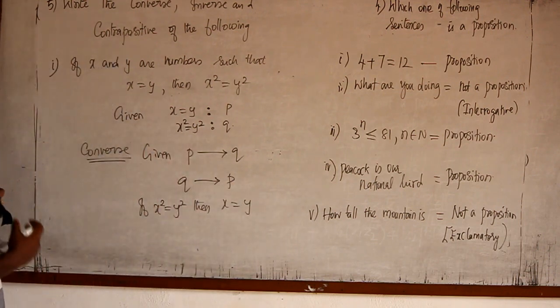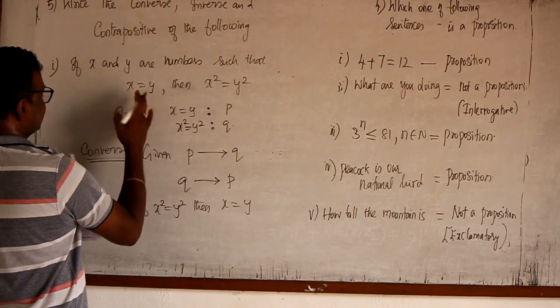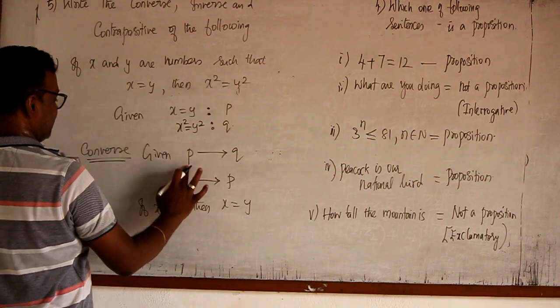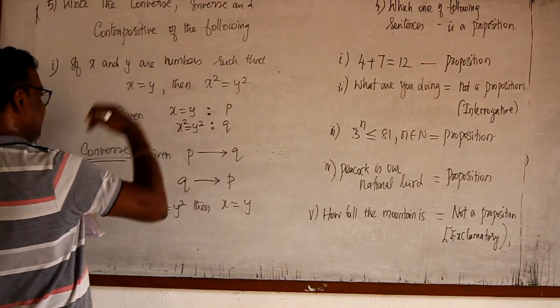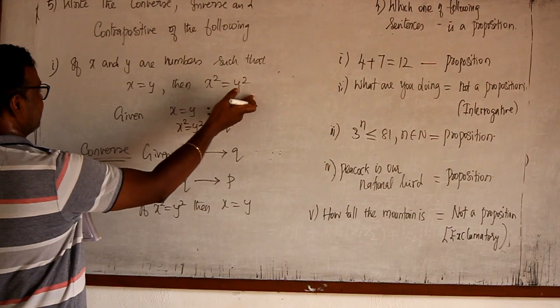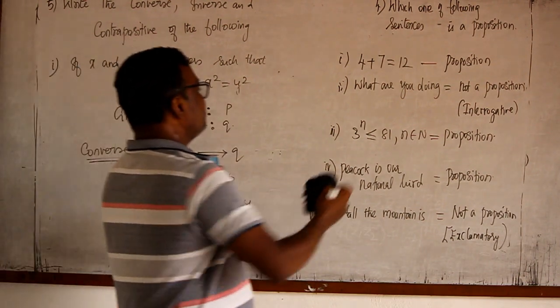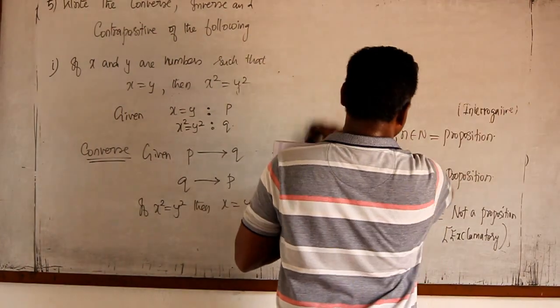This is the converse. Understanding? So P then Q is given, and I need the converse, that means Q then P.